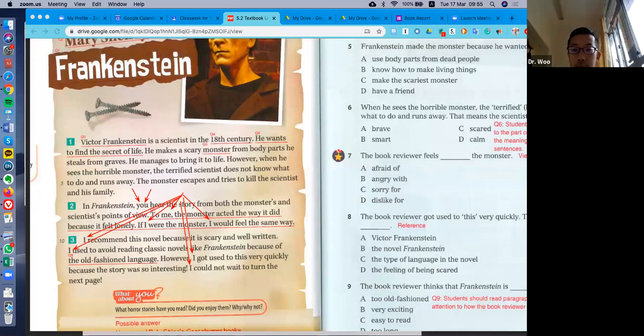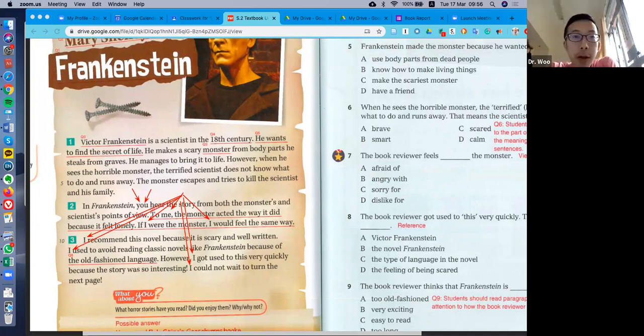The second and third paragraphs are about you and I, or you and me. The first paragraph is about the characters. So that's something important for us to know.